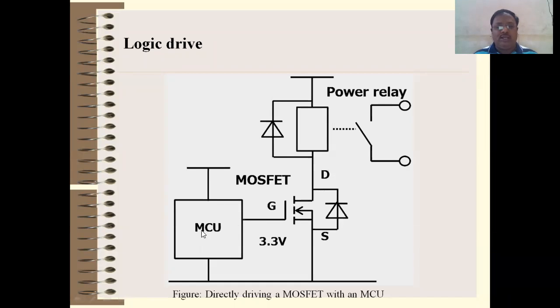One disadvantage of this circuit: the output of microcontroller is 3.3 volt. So if you are using a MOSFET having a higher VTH, if it is greater than 3.3 volt, you cannot use this MCU directly to trigger the MOSFET, right?